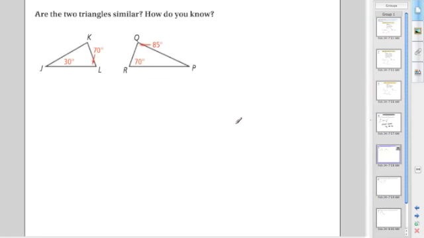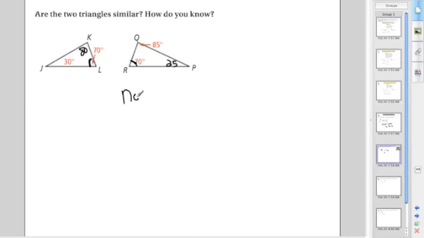Next, are the two triangles similar? Well, first, we're saying that L and R are congruent, and we don't know anything else, but we do know that angles in a triangle must equal 180. So this is 80 degrees, and this is 25.